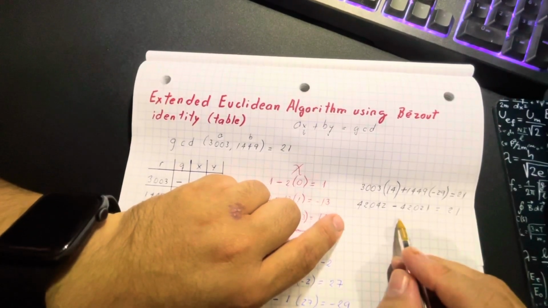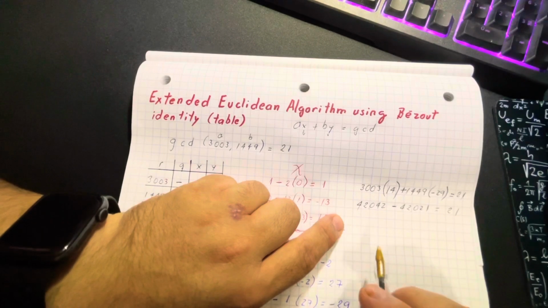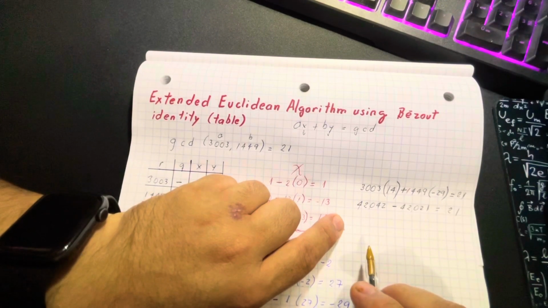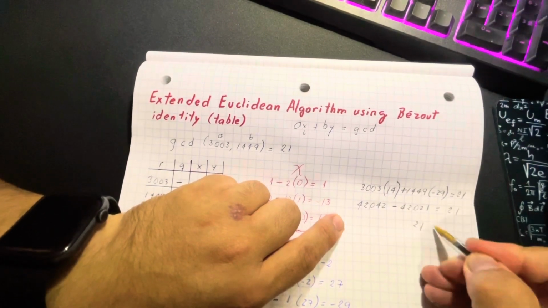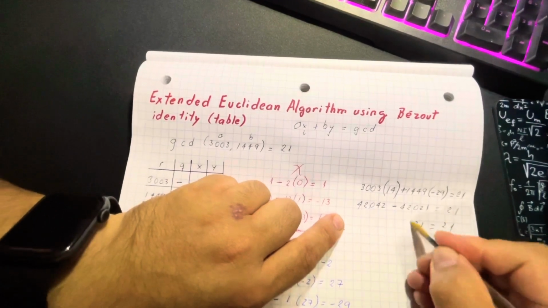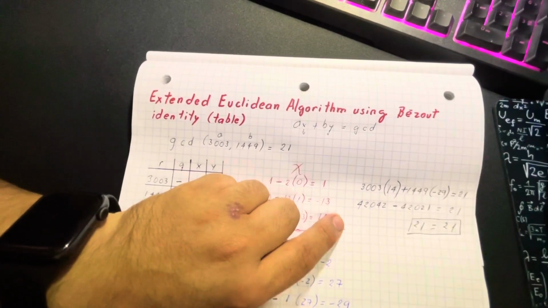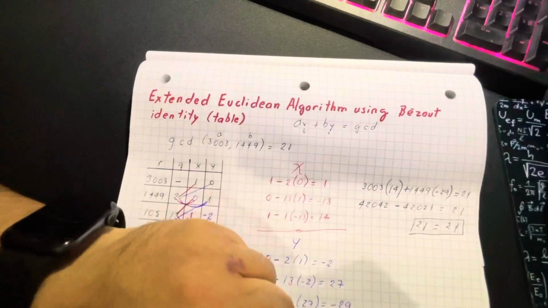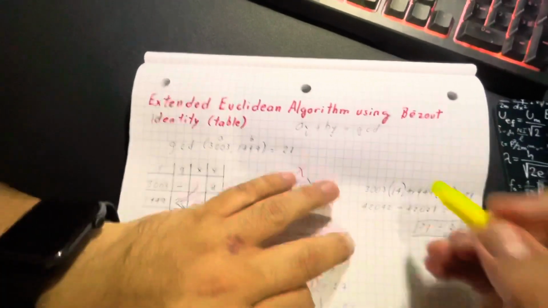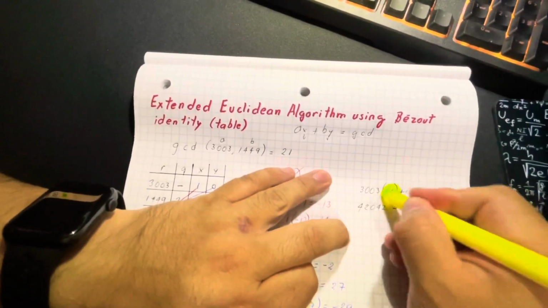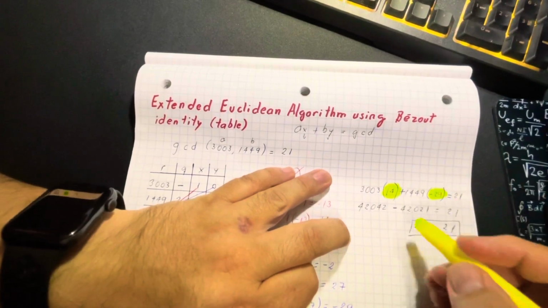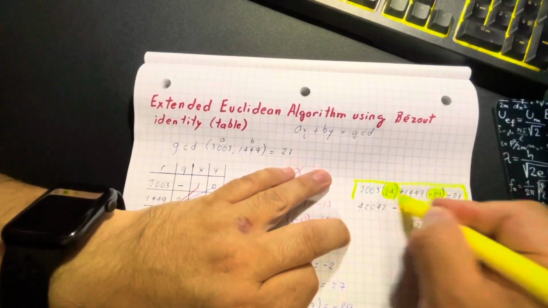And as you can see, 21 equals 21. That means that these coefficients over here, they work.